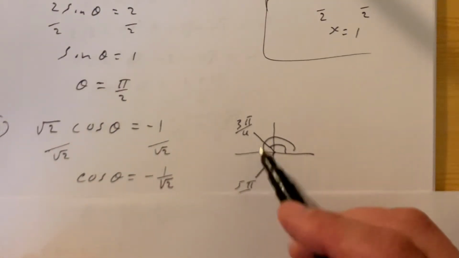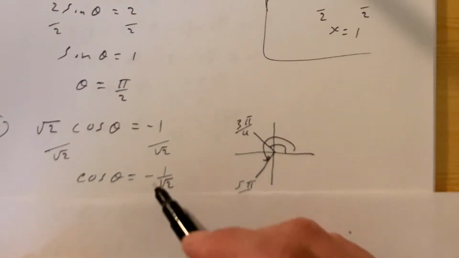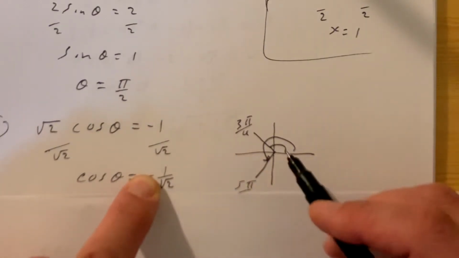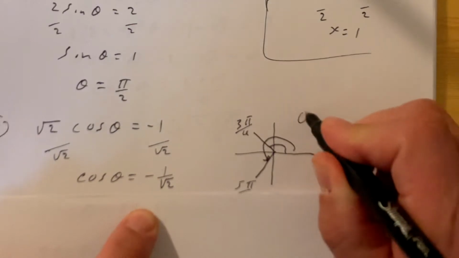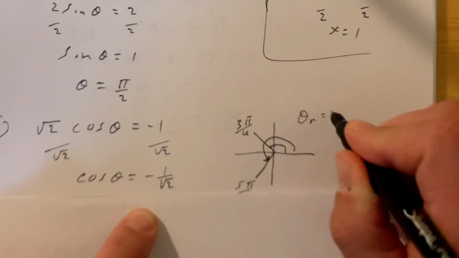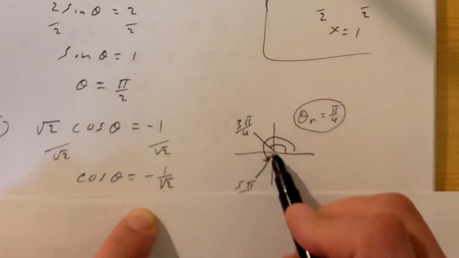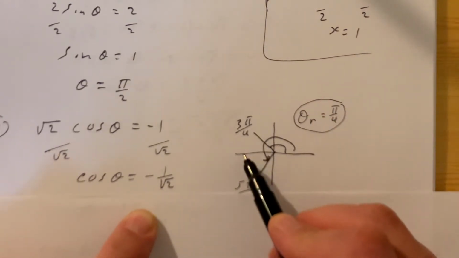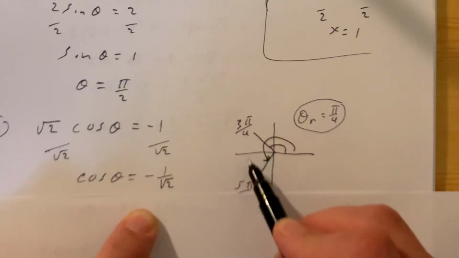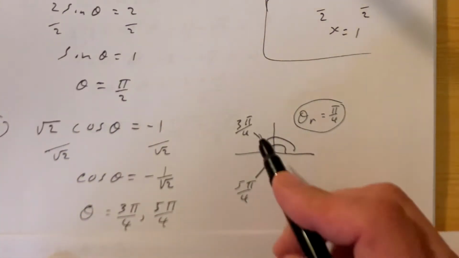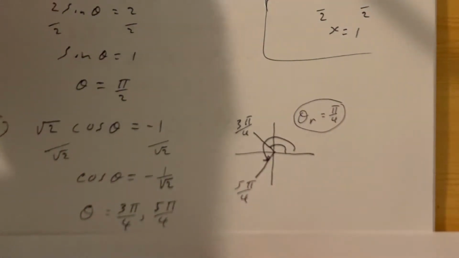So if it was just cos theta equals 1 over root 2, the related acute angle, theta r, for this one, would equal pi over 4. Because it has to be in this quadrant and this quadrant, it's going to be pi minus pi over 4, pi plus pi over 4. So these are the two answers that we get: 3 pi over 4 and 5 pi over 4.